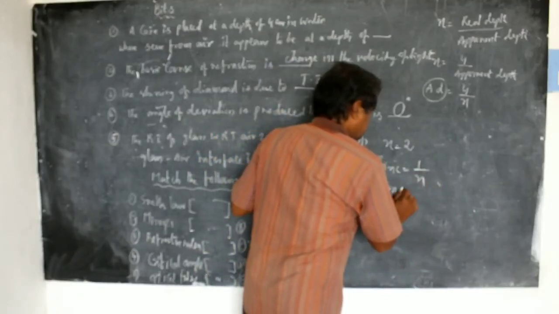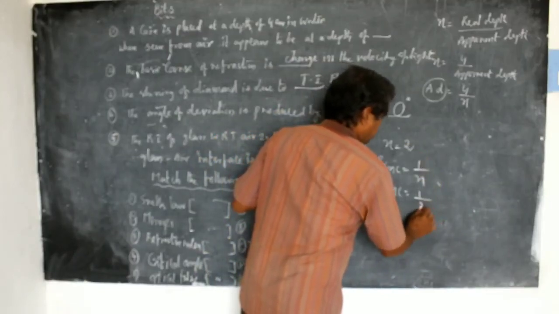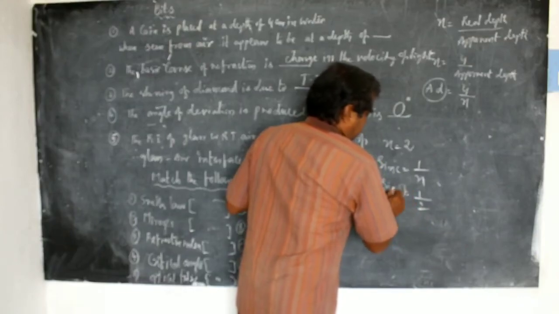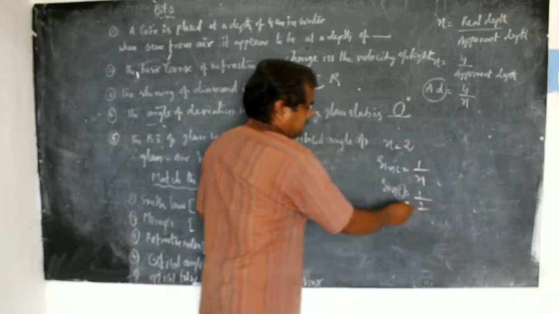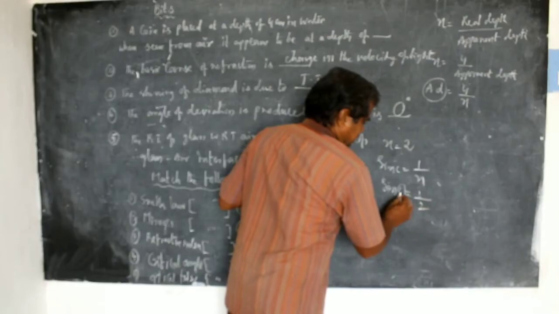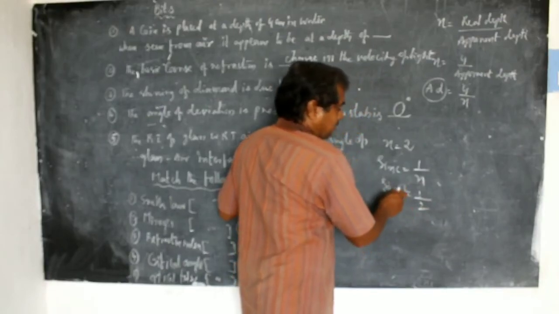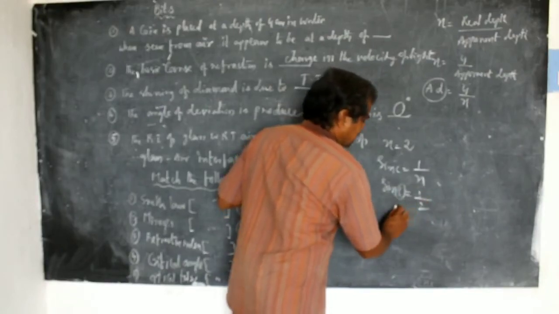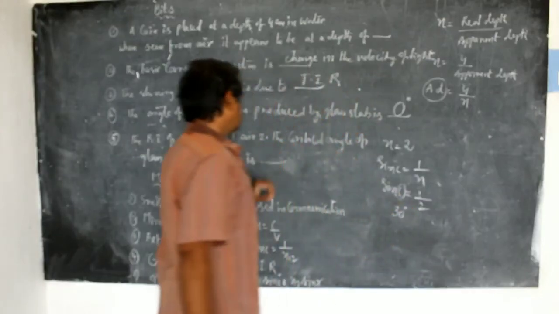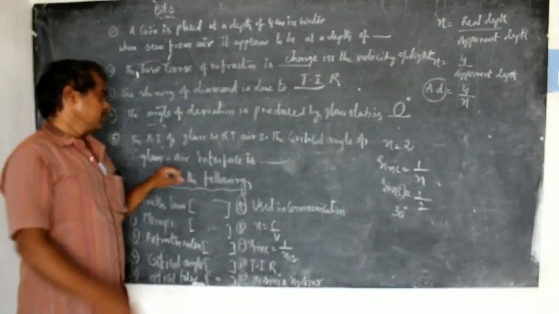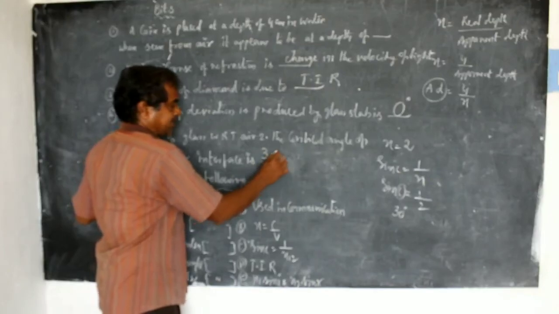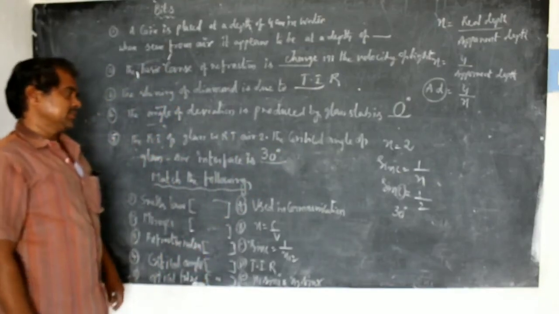Sin C is equal to 1 by 2. At what angle does sine give 1 by 2? 30. So 30 degrees. The critical angle of the glass-air interface is 30 degrees.